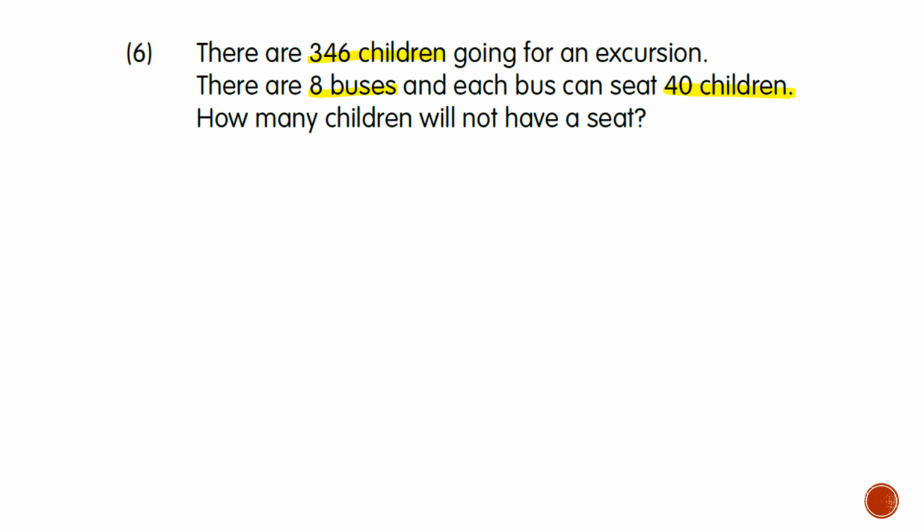Let's look at this for a while. The way I will approach this is to find out how many children can have a seat in total. So you have to look at the second line. There are 8 buses and each bus can seat 40 children. My goal is to find out how many available seats there are in total.